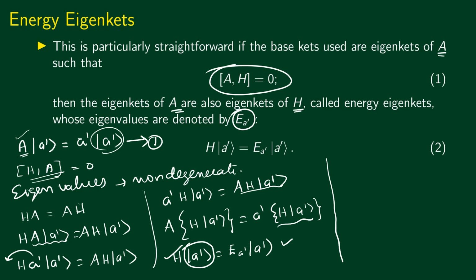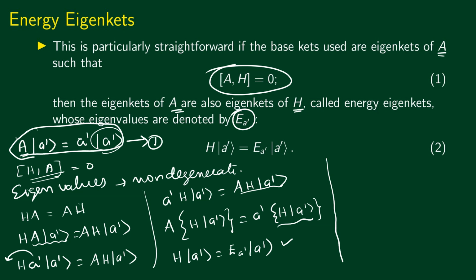The reason we are allowed to use a multiple here is that if you have this eigenvalue equation, then any multiple of ket A prime also satisfies the same eigenvalue equation. That's why we say that because the eigenvalues are non-degenerate, there is no degeneracy.